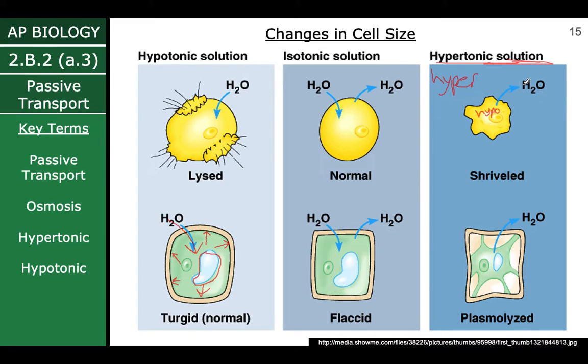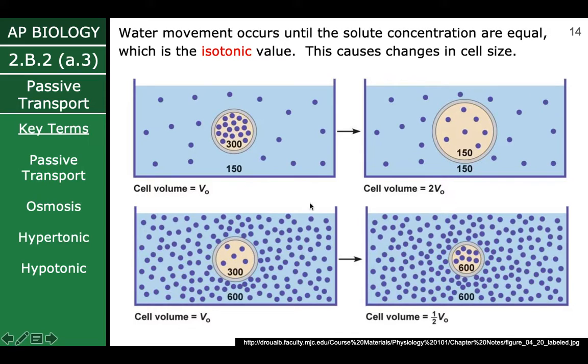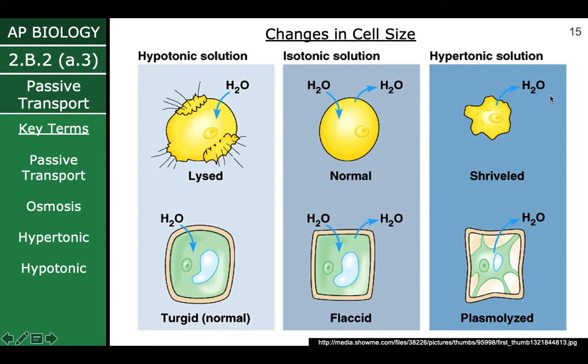So which one has a high concentration? Which one has a low concentration? My concentration on the outside is high. Concentration on the inside is low. So if I want to equalize these concentrations, water is going to want to move outward. And that's exactly what we saw happening down here. Water wants to move outward to equalize this concentration.